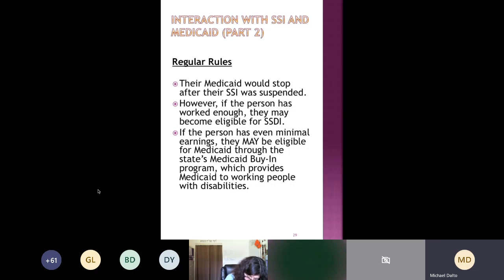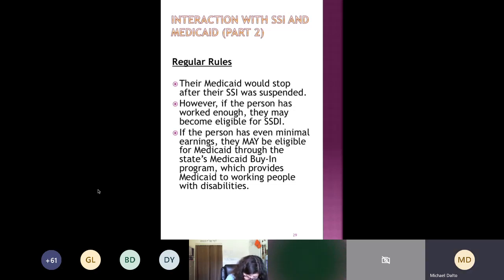And for most people, not all, but for most people, SSDI pays a higher amount than SSI does. That person might apply for SSDI. And as we'll talk about momentarily, a person who receives unemployment insurance can also receive SSDI.